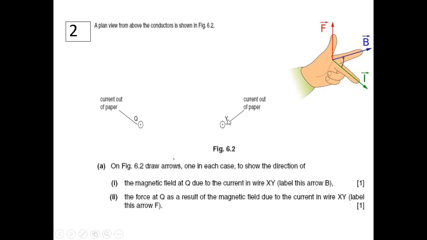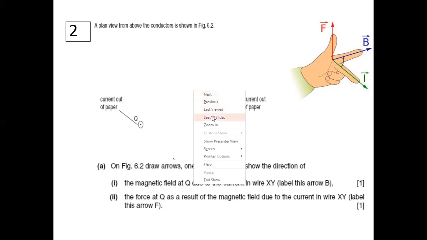We want to draw the field due to this wire on this conductor Q. How to draw? What should it be? Just applying the Saturday lesson, where we learned the field using the right hand grip rule.